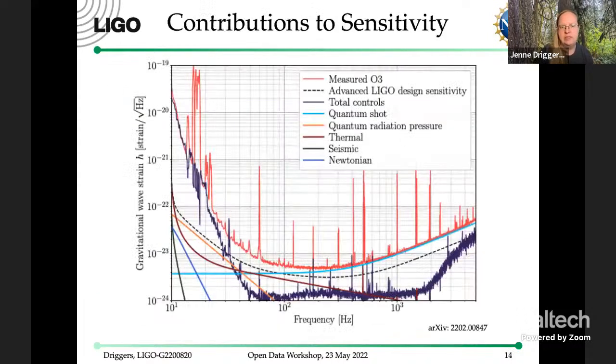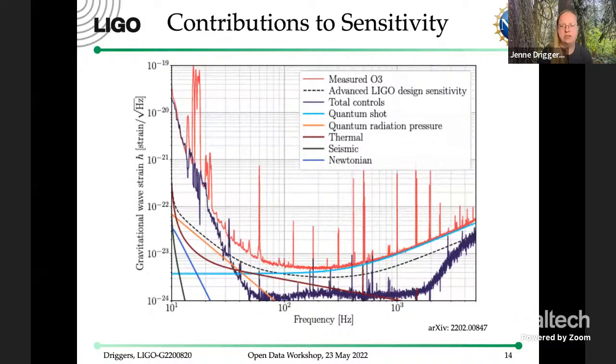There are many reasons why we are and are not able to measure more sensitively at different frequencies. And this is a plot showing some of the contributions to the sensitivity. This is a really complicated plot, so I'll just touch over it a little bit briefly. In red on this trace, we have the actual measured sensitivity of one of the gravitational wave interferometers.